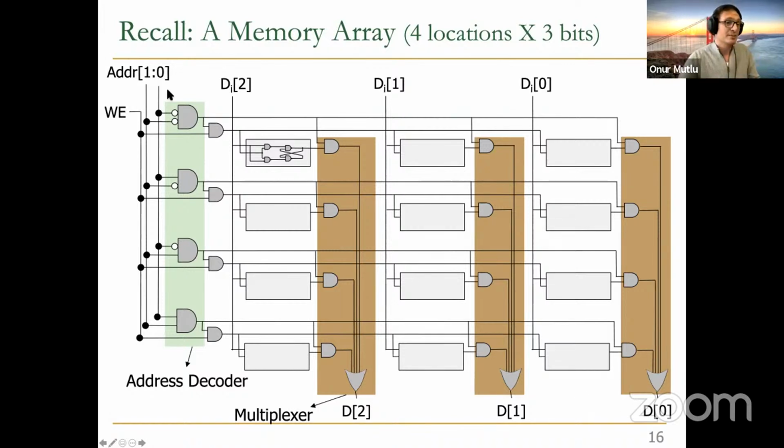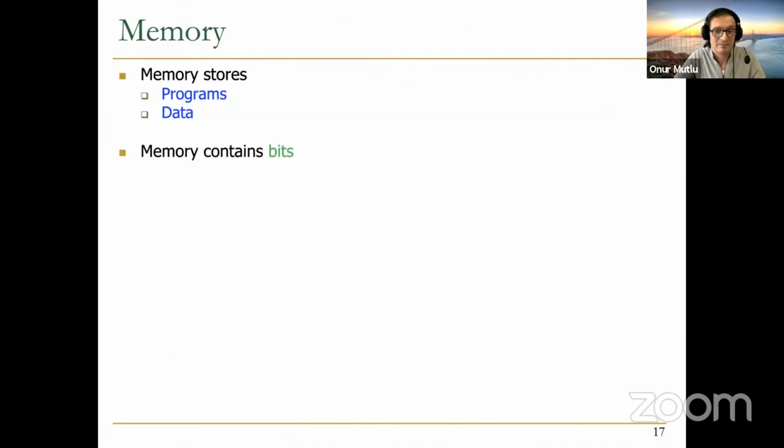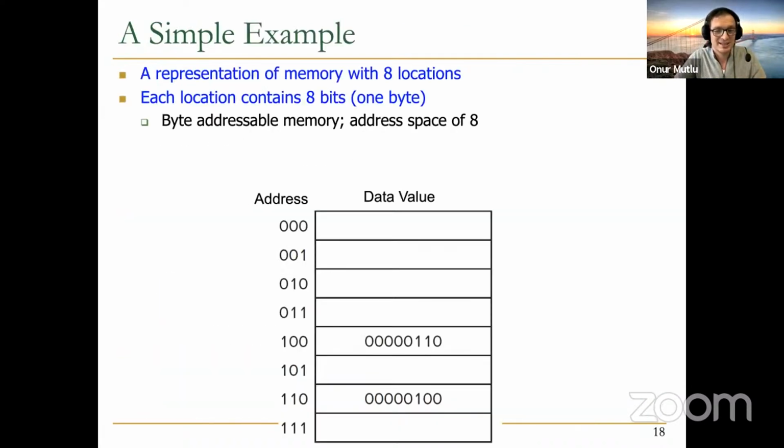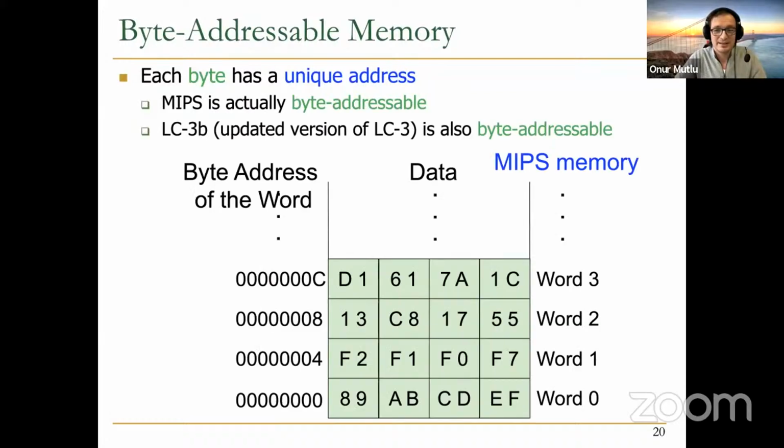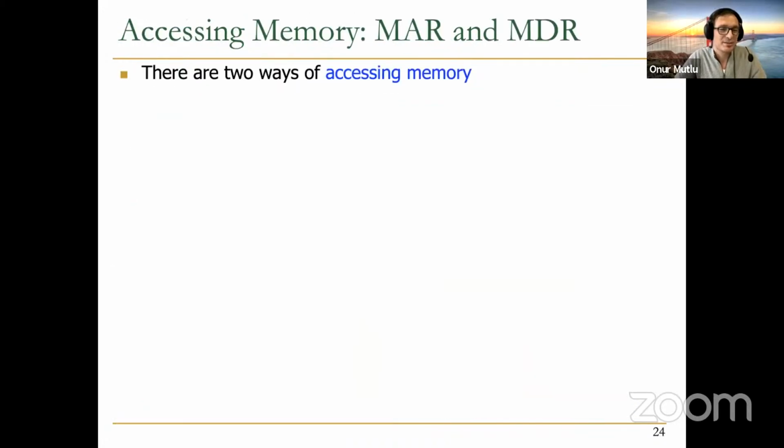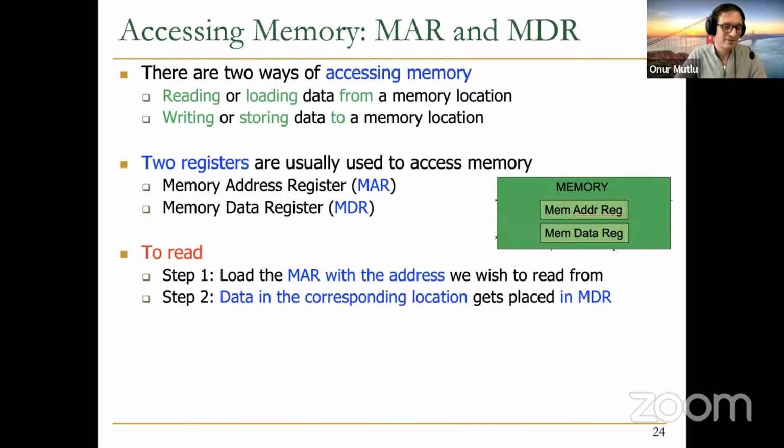The address will be put in so that we can read from that address, and then data will appear in that register after the combinational delay passes, so that the memory can actually provide the data. Okay, so hopefully that makes sense. So basically, we're adding registers to the beginning of memory and to the end of memory, if you will, so that we can read the data.